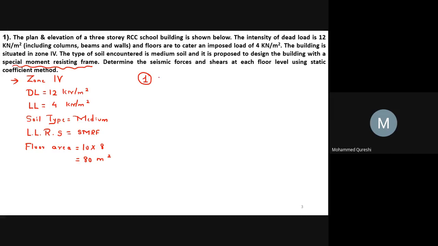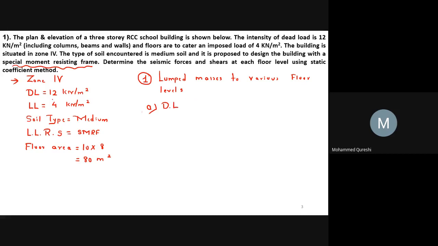So first of all, in the first step, we will write lumped masses to various floor levels. In that, your first case is dead load.